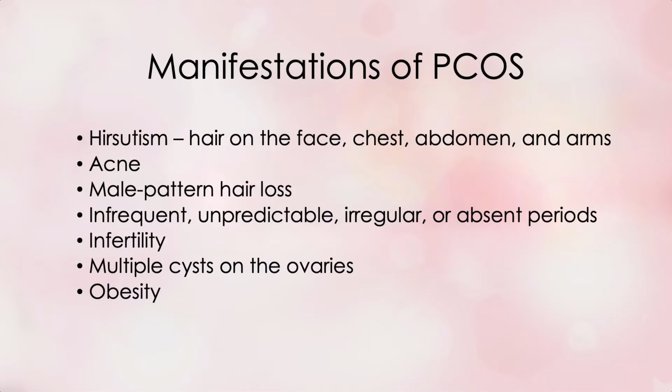Most women with PCOS exhibit some of the following characteristics. Hirsutism, which is hair on the face, chest, abdomen and arms, acne, male pattern hair loss, infrequent, unpredictable, irregular, or absent periods, infertility, multiple cysts on the ovaries, and obesity.